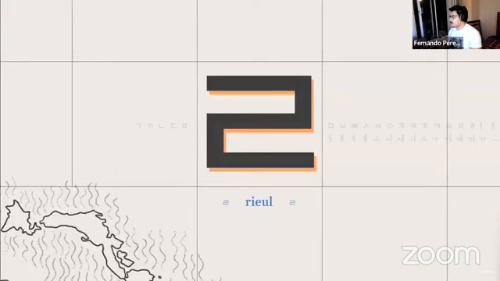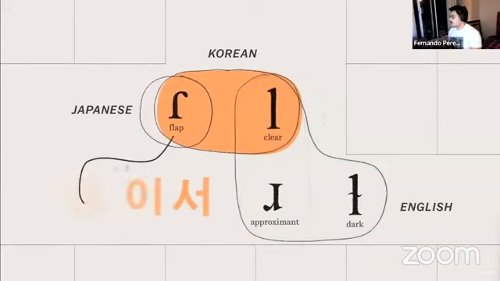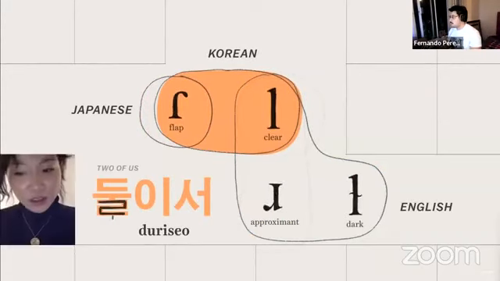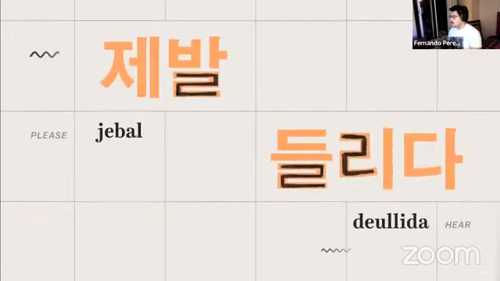It takes on a different sound depending on its position within the word. So when it's followed by a vowel, it has the flap sound like a Japanese R. That also means it's written with the letter R when converted into Latin script. But when it's at the end of a word or is followed by a consonant, it sounds more like an L sound, and it's transcribed in the Latin alphabet as L.